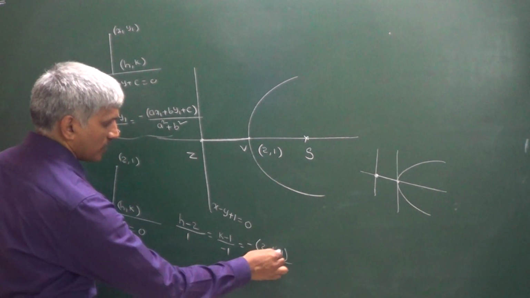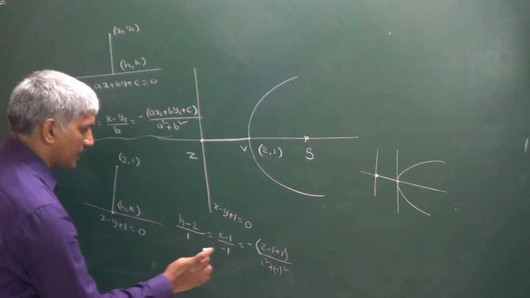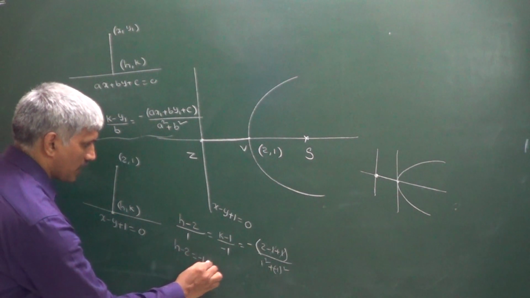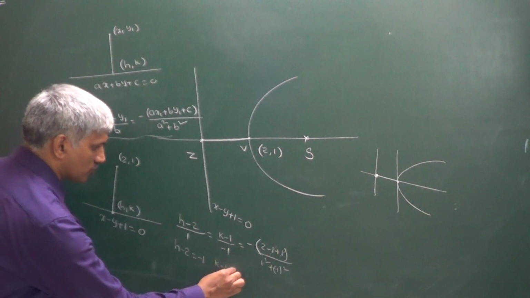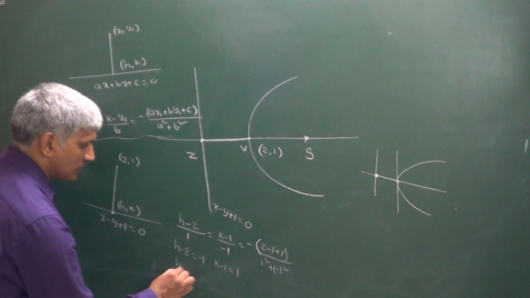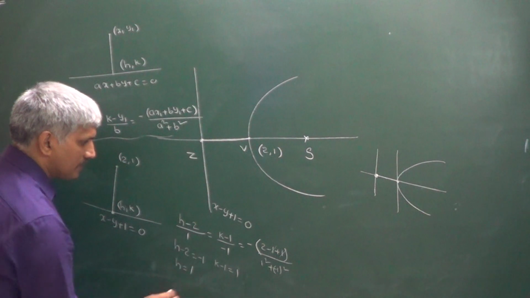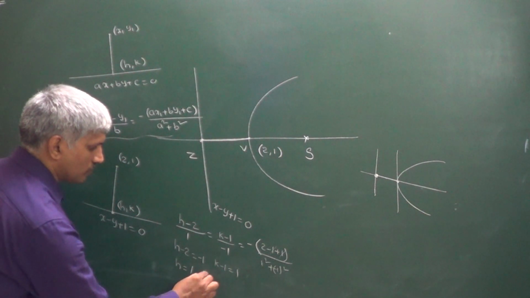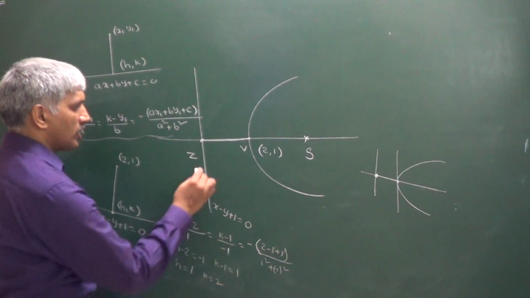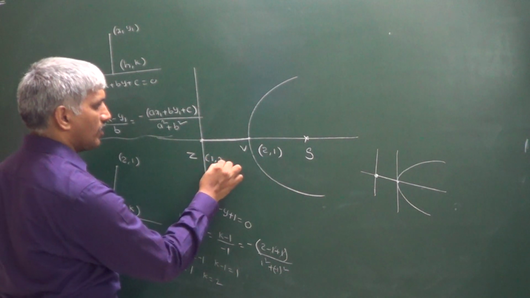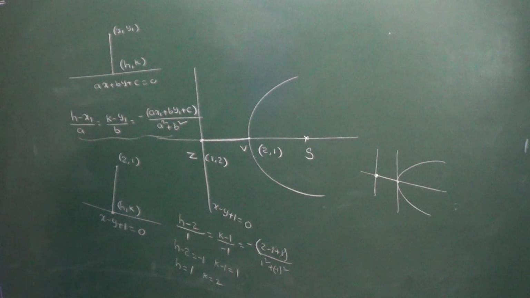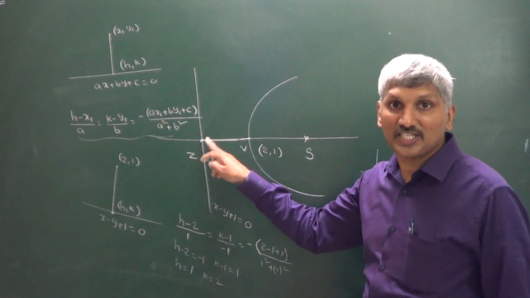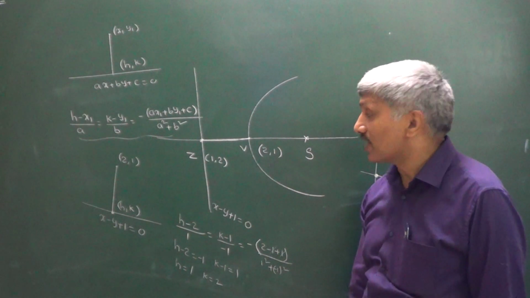Here minus 1 plus 1 cancels, so h minus 2 equals minus 1 and k minus 1 equals 1. Therefore h equals 1 and k equals 2. So we got the point (1, 2), where the axis meets the directrix.